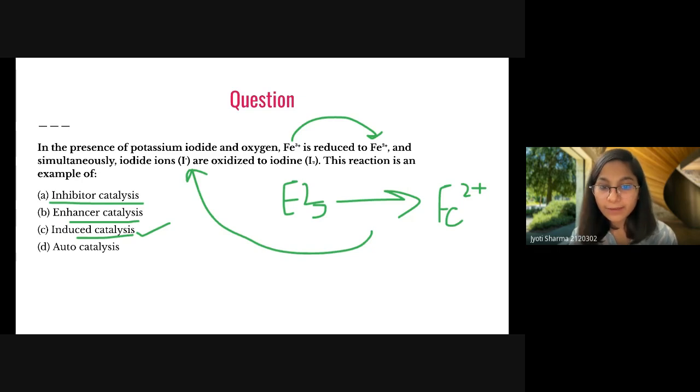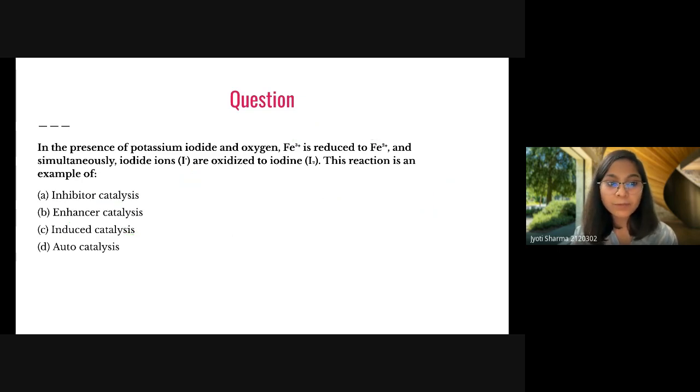It might be that you are confusing it with autocatalysis, but in autocatalysis you have one product, and that product is increasing the rate of the reaction itself. But here we have a first step, from Fe3+ to Fe2+, and this Fe2+ is increasing the rate of reaction for I minus to I2. So this is induced catalysis.